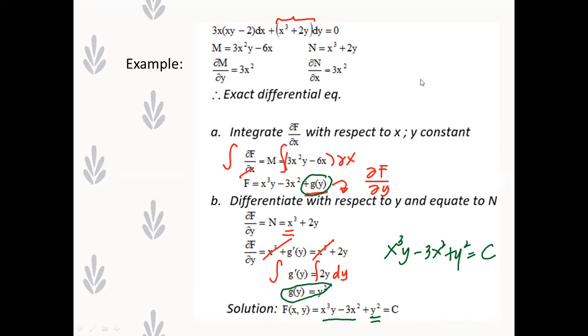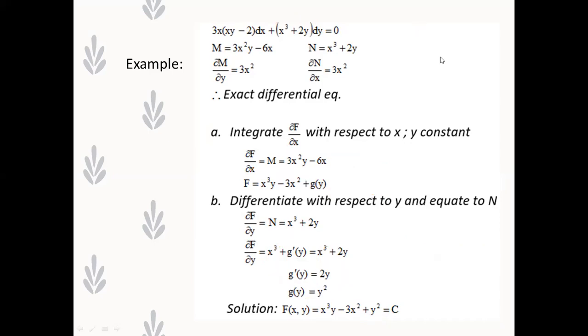What about the rest? Is it clear? Okay, so let me just clear my markings here, and we go to the last method. By the way, class, you just choose the method that you're comfortable using. But there are instances, though not always, class.